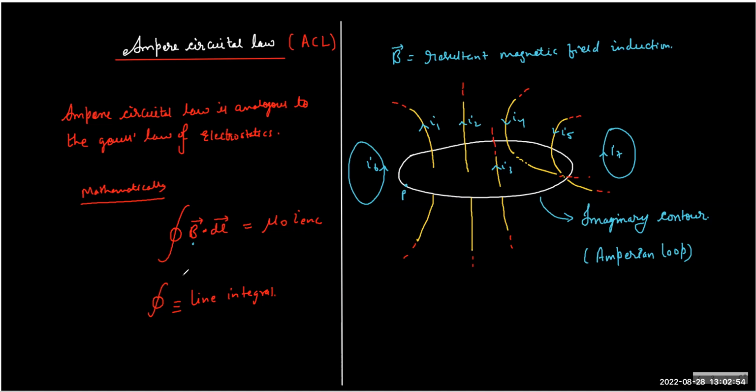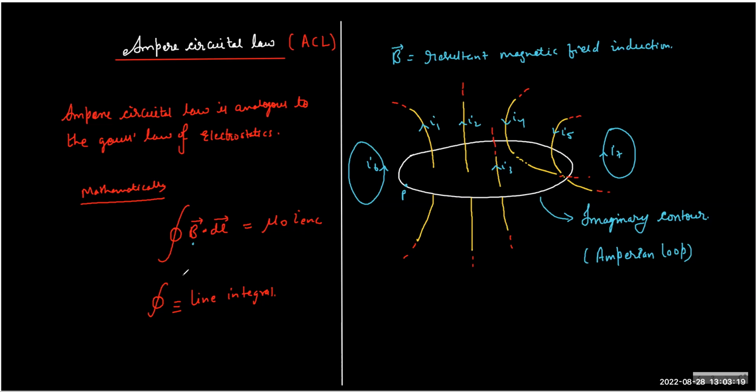So for I6 and I7, are they contributing in terms of magnetic flux? The answer is no. I6 and I7 are not creating the magnetic flux through the loop, isn't it? Yes, sir. I think you're getting confused. Yes, sir, I'm slightly getting confused.